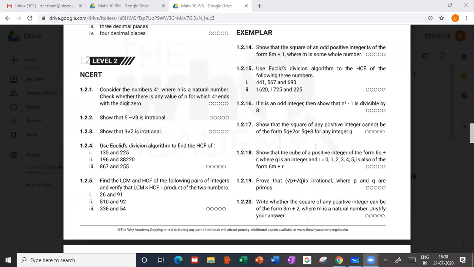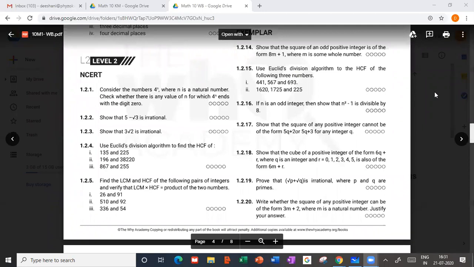Okay, so just have a recap. You can go through your grade 9 number systems once, because most of the concepts are building up on the things you studied in 9th, like what are rational, irrational numbers, what are natural and whole numbers, all those things.